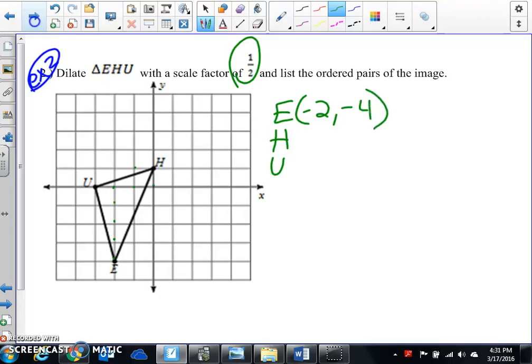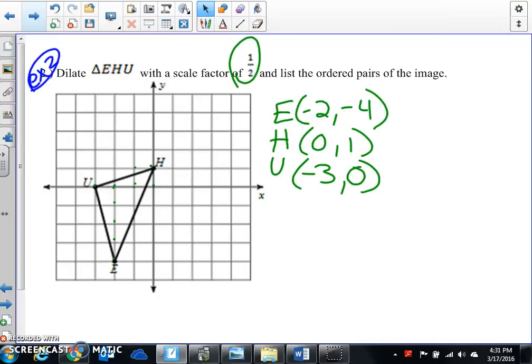H is currently at 0, 1. And U is currently at 1, 2, 3, -3, 0.